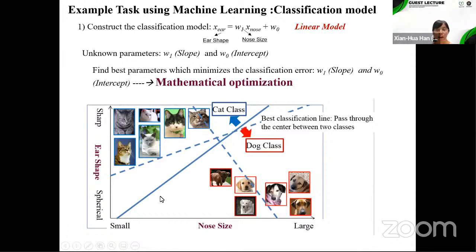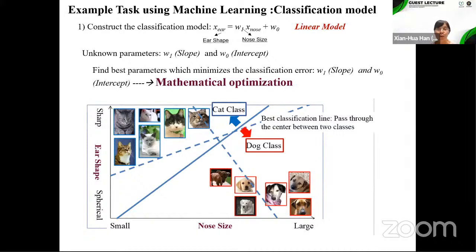From this figure, we can see this line is a good choice, a better choice. This line can perfectly classify all training cat images and dog images.